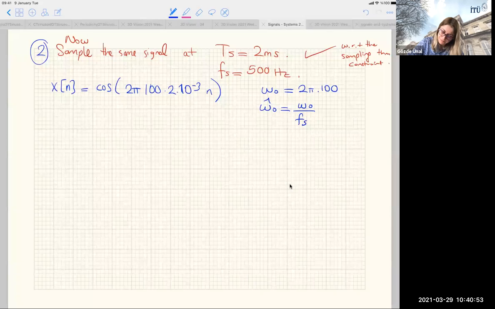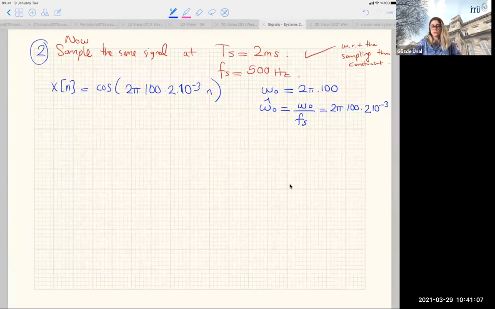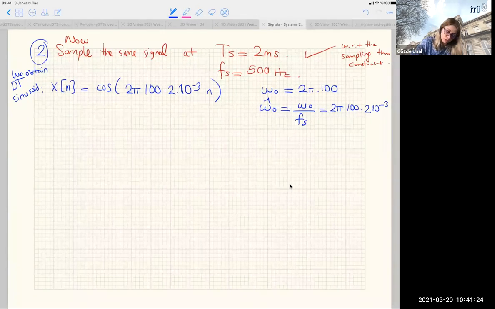So let me write the result. It's 2 pi 100 over 500 Hertz, which is equal to 2 times 10 to the power minus 3. That's why I have this cosine discrete time sinusoid, which we obtain with this sampling, as a result of this same continuous time signal being sampled.